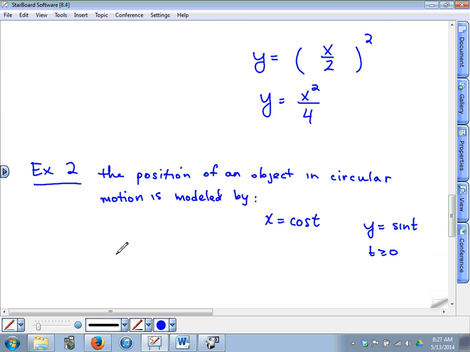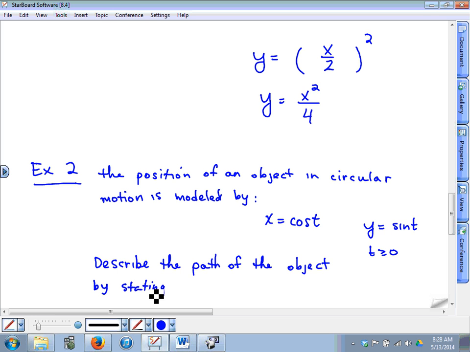Here's what you need to do, and this is exactly what the homework would have you do for a problem like this. Describe the path of the object by stating, now if this is in a circular motion, then we need to find out the radius of the circle.